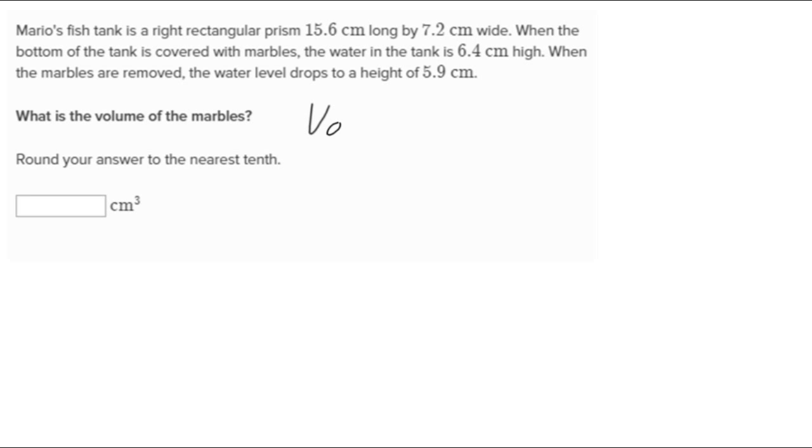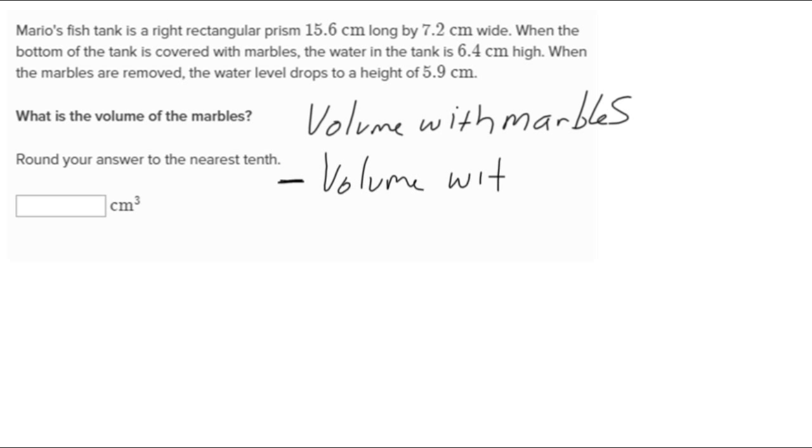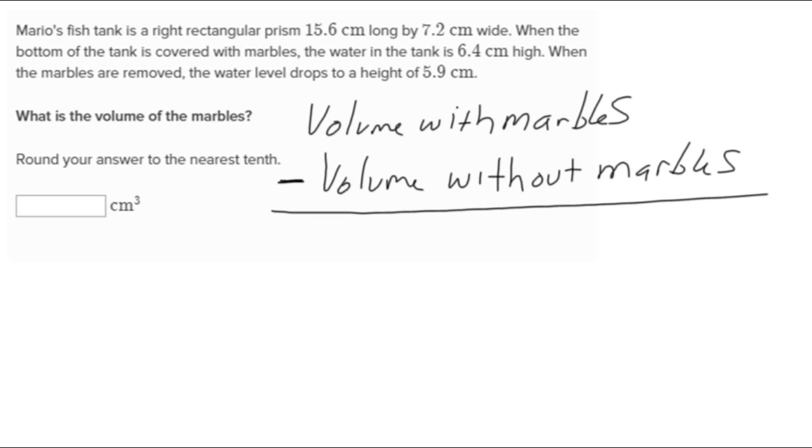So we're going to go volume with marbles, and we're going to subtract from that the volume without marbles, because I want the volume of the marbles. So what I have to do is find the volume with the marbles and subtract the volume without the marbles to get the volume of the marbles.